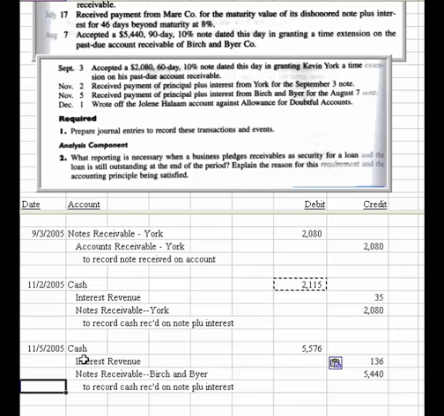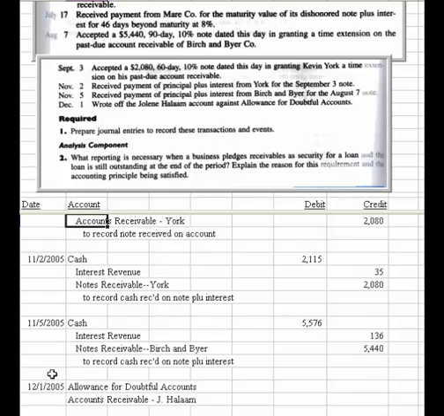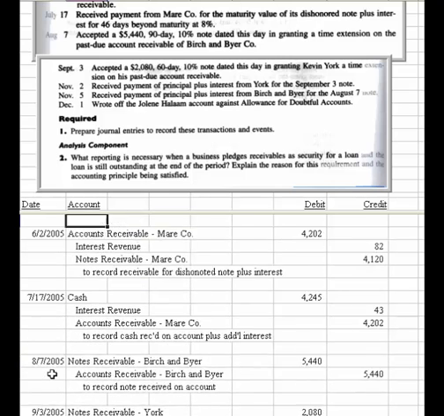So the last transaction we have to work through is December 1st. Let's give ourselves some room again so we can watch this. And on December 1st, we wrote off the Halam account against allowance for doubtful accounts. And this is just the allowance method. So we're going to reduce our accounts receivable by debiting the allowance account. And I believe the amount was 2414, but let's go make sure that's what we had on our account.